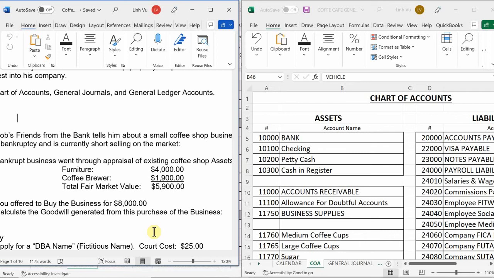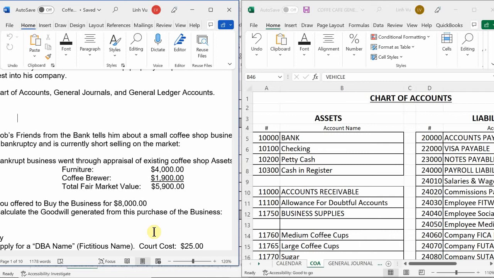It's the GAAP principle. Right, but what is it called? What's that economic entity? Economic entity? Do we have a business bank account?